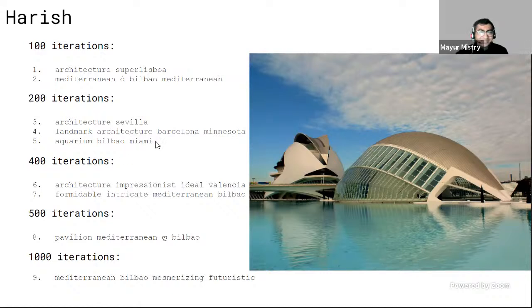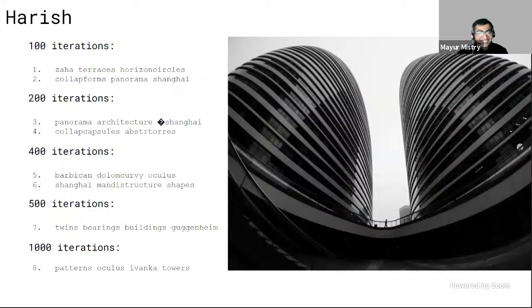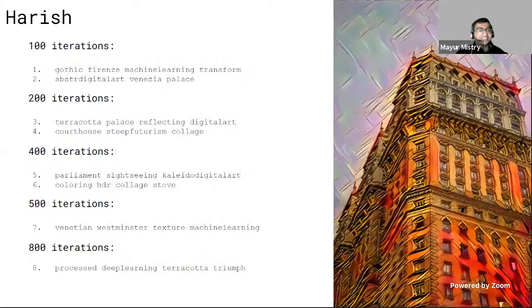But how come Miami? Oh, okay, it's saying water, maybe aquarium, but hmm. It is landmark architecture. Yeah, it's interesting. Futurism is interesting.